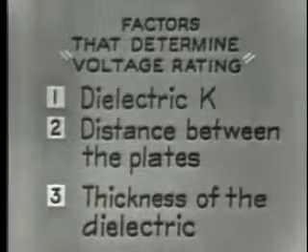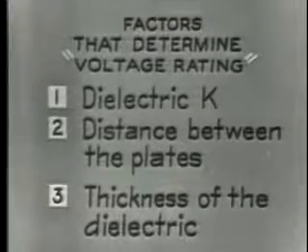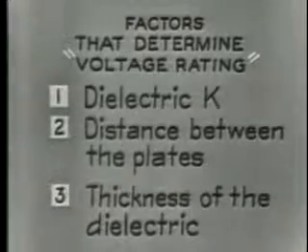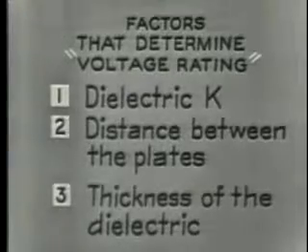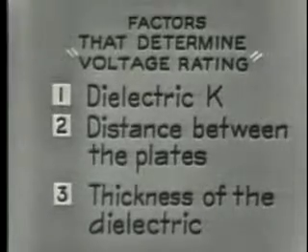Whether we get an arc or not depends on how far the current has to jump and the insulating quality of the dielectric. The further apart the plates are, the higher the dielectric K, and the thicker the dielectric is, the higher the voltage rating will be. Remember these factors, dielectric K, the distance between the plates, and the thickness of the dielectric.